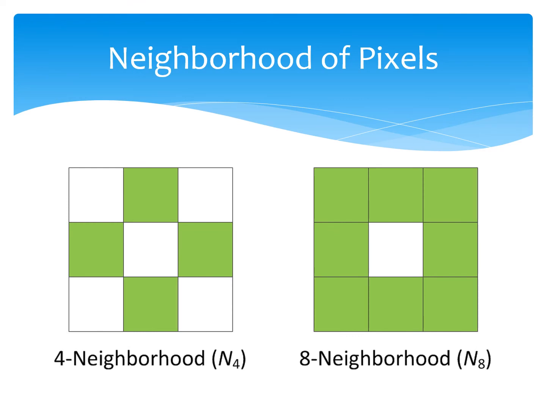The two diagrams on the left and right show the four-neighbor connectivity and eight-neighbor connectivity, respectively. In the diagrams, green pixels indicate the neighbors of the center pixel.